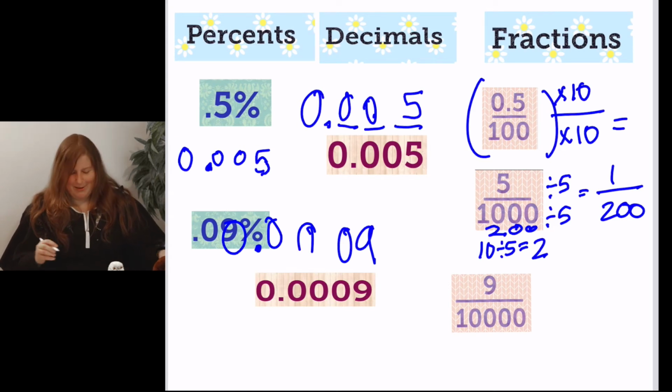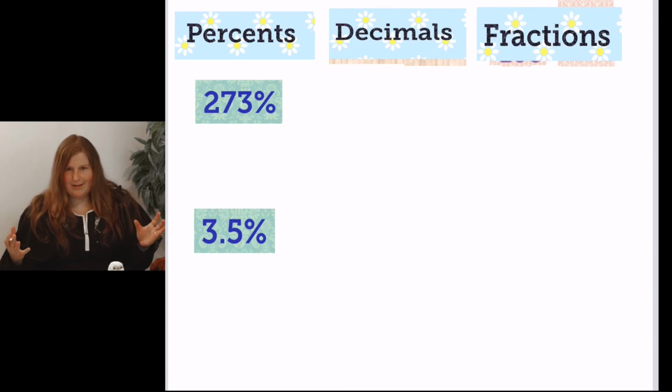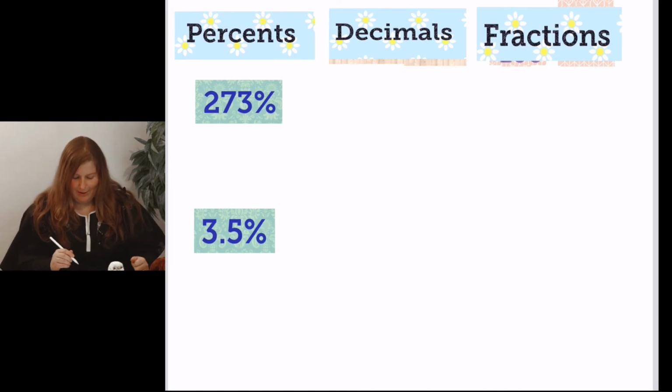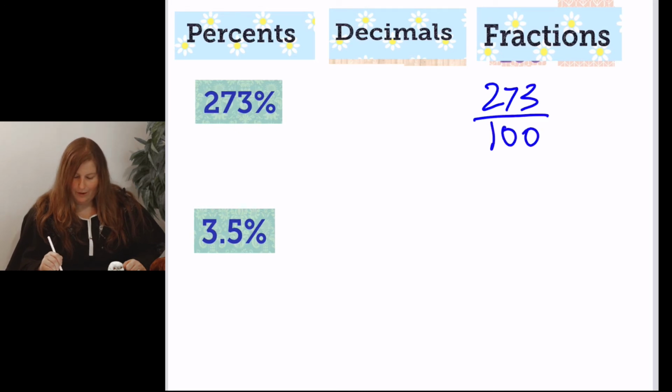Let's look at our last 2, shall we? 273%. One of these is larger than 100%, and then the other one has both a full percent and a part of a percent. So let's dive into these. So 273%, we know as a fraction, would be 273 over 100.